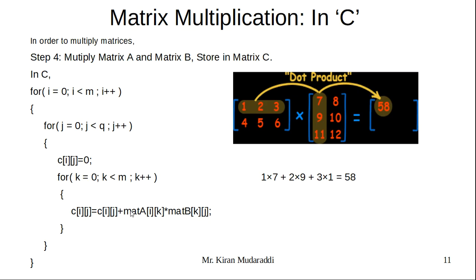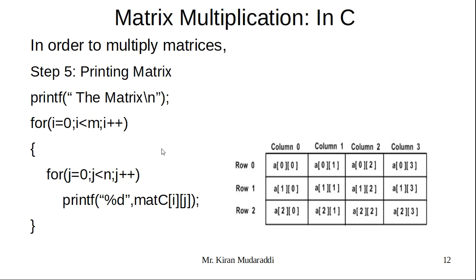This is in C. We are using a for loop. The first for loop is for controlling rows of the first matrix. The second for loop is controlling columns of the second matrix, and this for loop is used for controlling the third matrix. Similarly, printing a matrix is done with the help of two for loops and one printf statement.